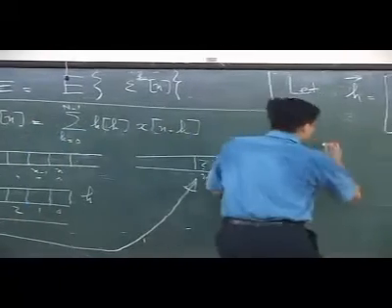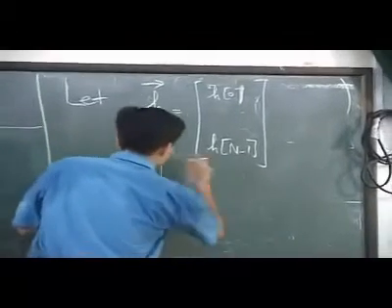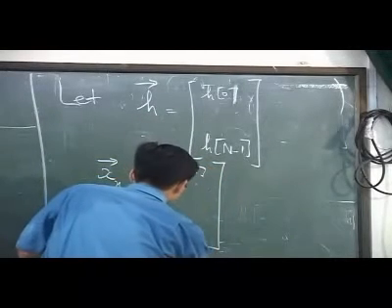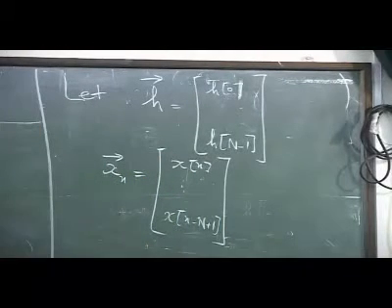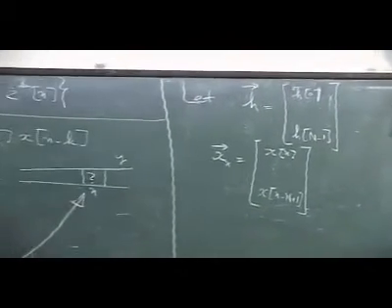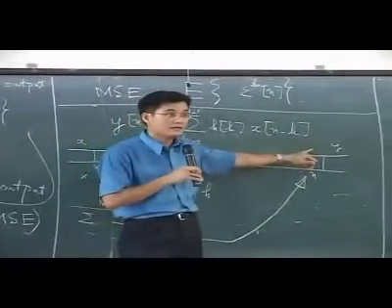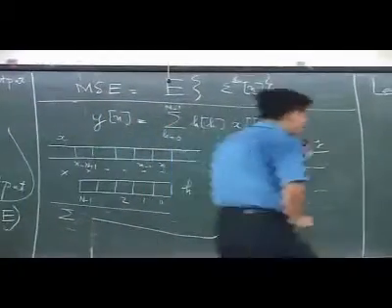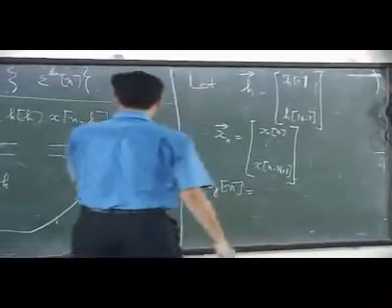And the vector x of n is x of n down to x of n minus n plus 1, a column vector, a window of x that I use to compute y at n.